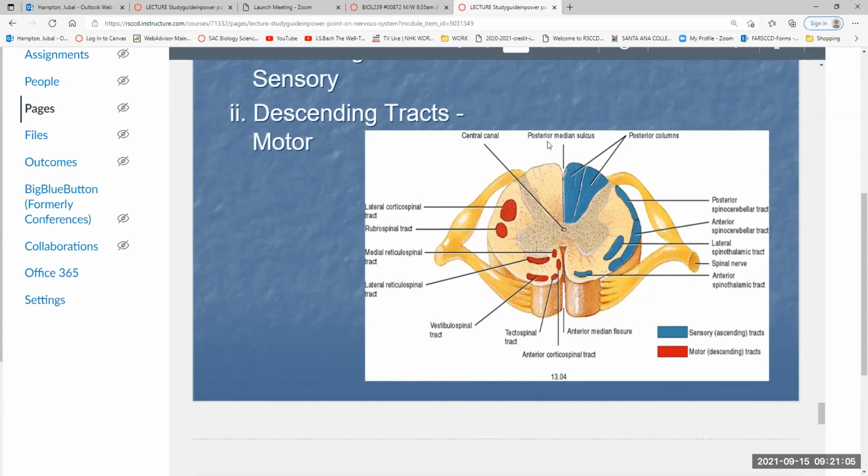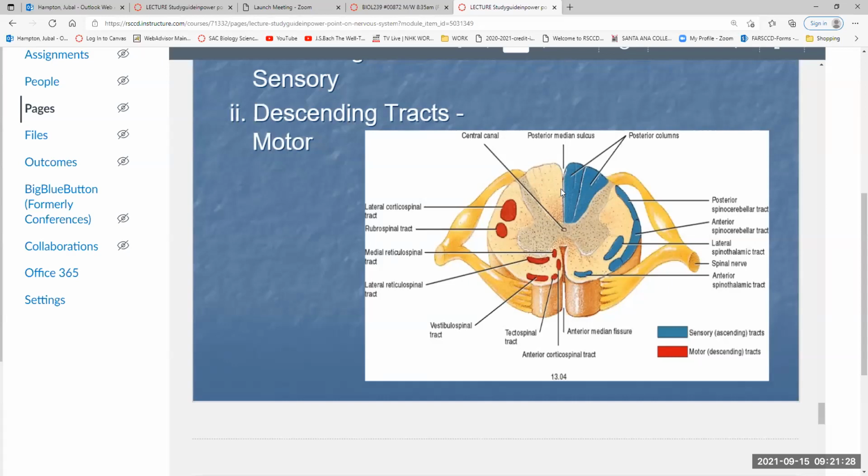Helping to organize the cord, we have the presence of what's called a posterior median sulcus here, and then we have an anterior median fissure here. Fissures are larger than a sulcus.